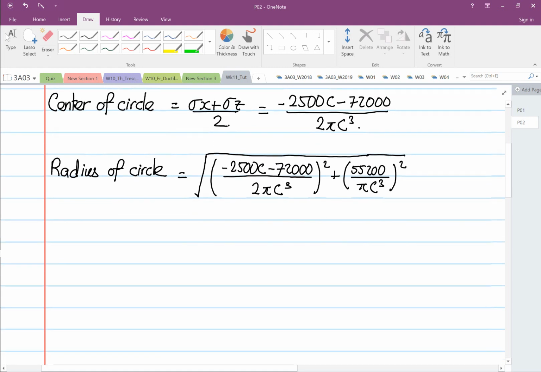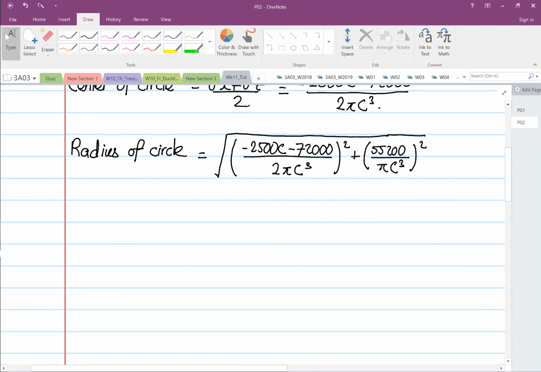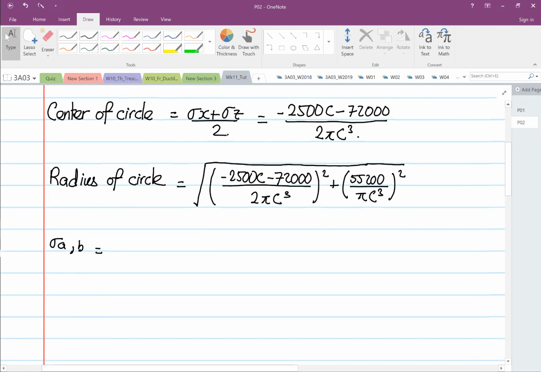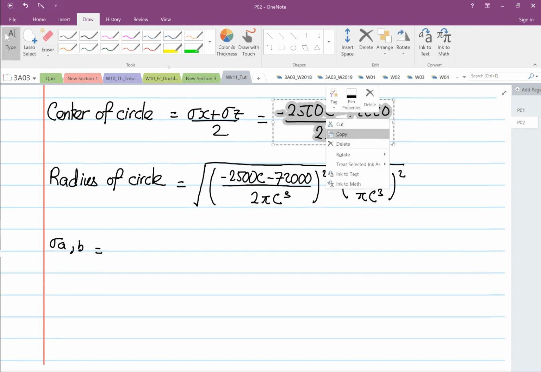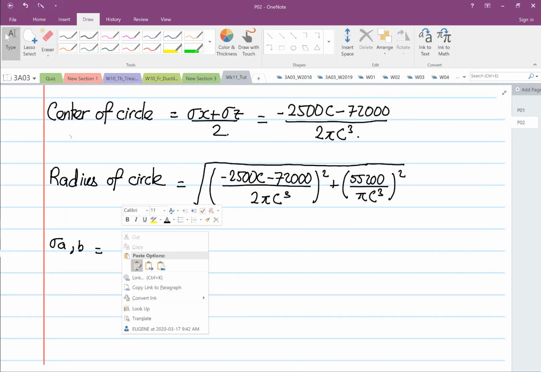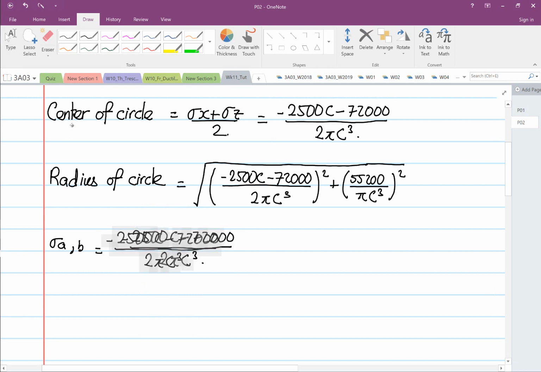So now we can find our stress A and stress B. So it will be equal to this term over here, and then plus or minus the radius of the circle.